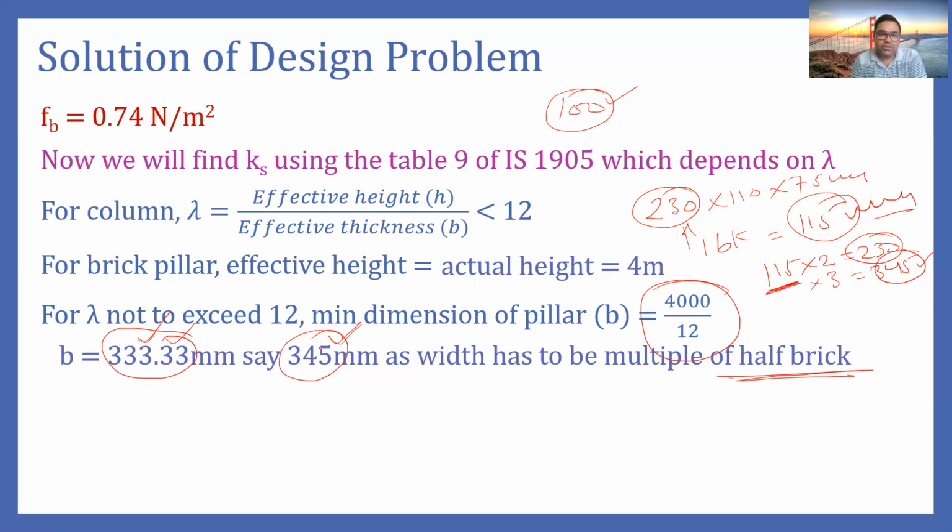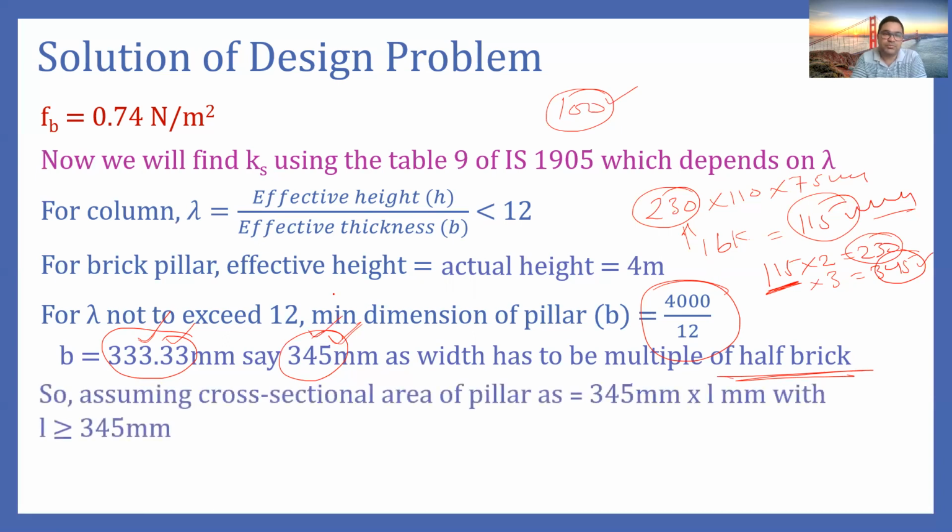Now we have got the value of B. We will assume that the cross-sectional dimensions of the pillar will be 345 by L mm. We will find out this L value later. For the time being, we consider that 345 is the least lateral dimension and L is the higher value, higher than 345.